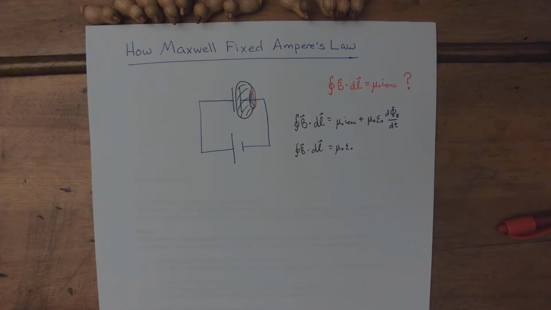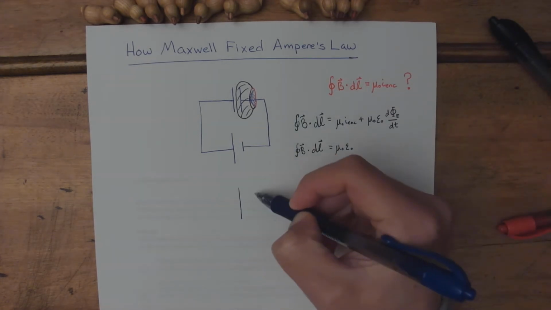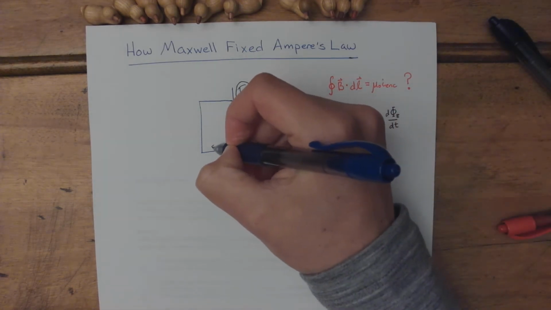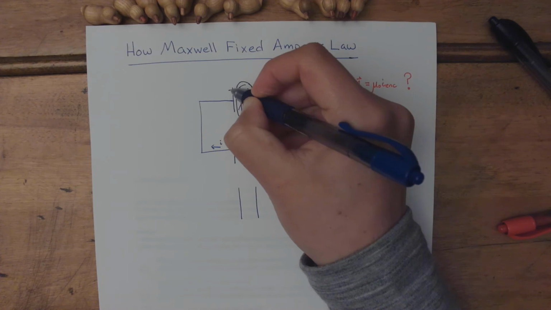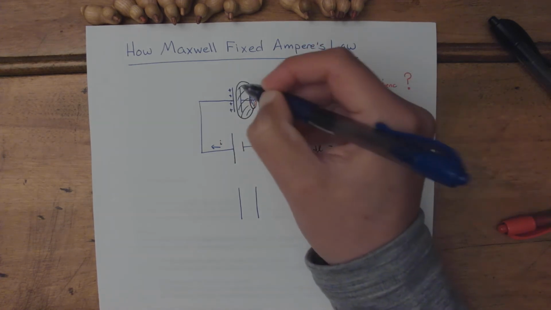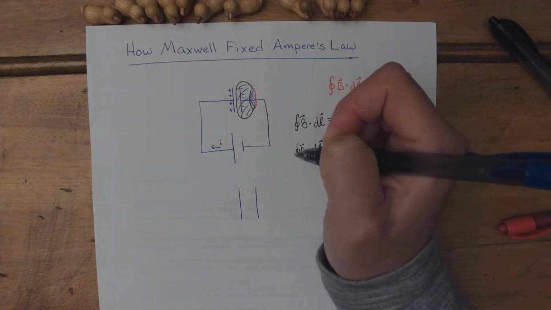Well, we do have electric flux here because here's our parallel plate capacitor. I'm going to draw that again. And we have current flowing this way, which means positive charge is going to pile up on this side of the parallel plate capacitor, and we will then have negative charge on this side of the parallel plate capacitor.